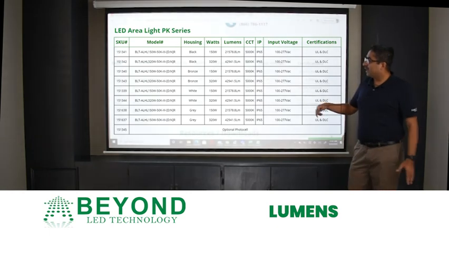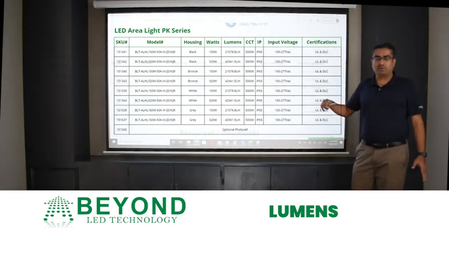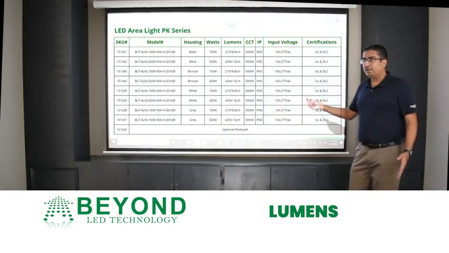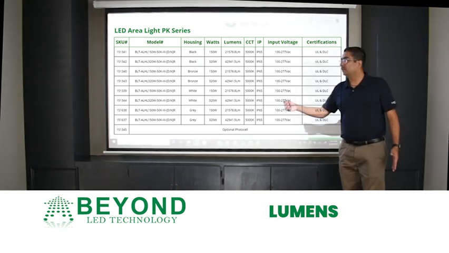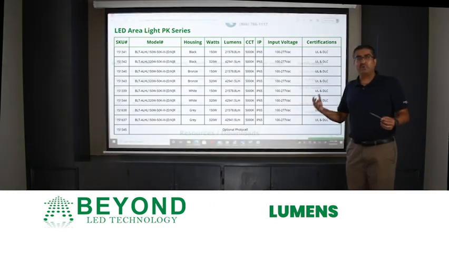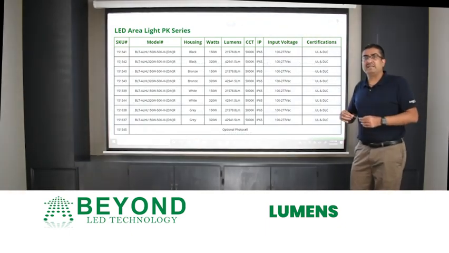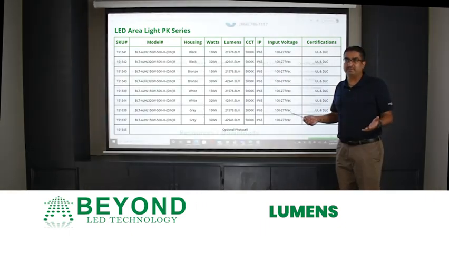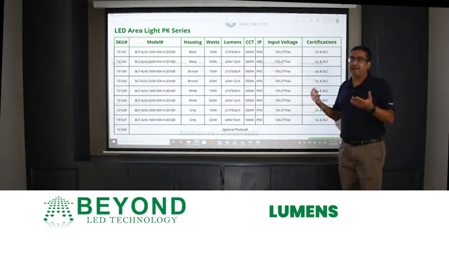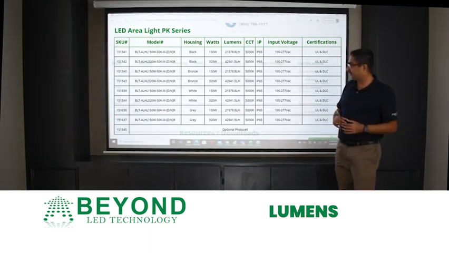So for example, a 100 watt light 5 years ago used to deliver only 7,000 lumens. Nowadays, a 100 watt light can deliver up to 14,000 lumens, or even higher lumen efficiency in some cases.